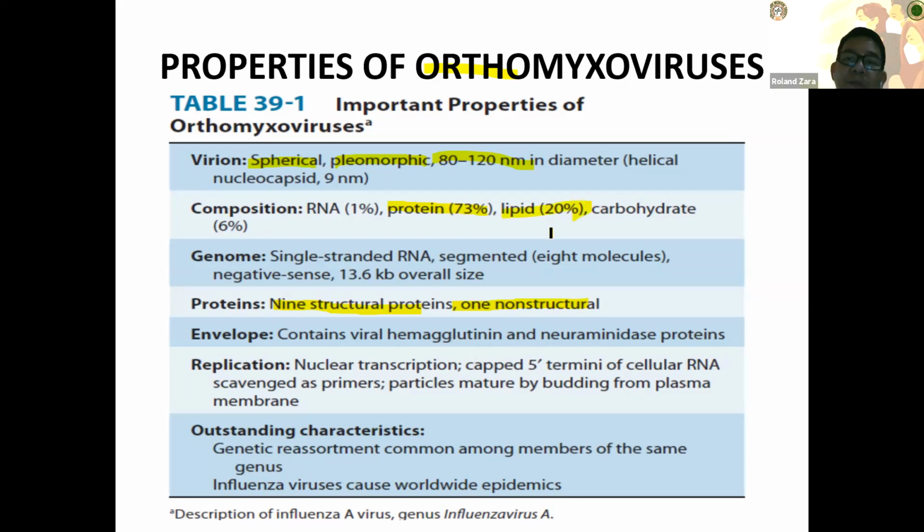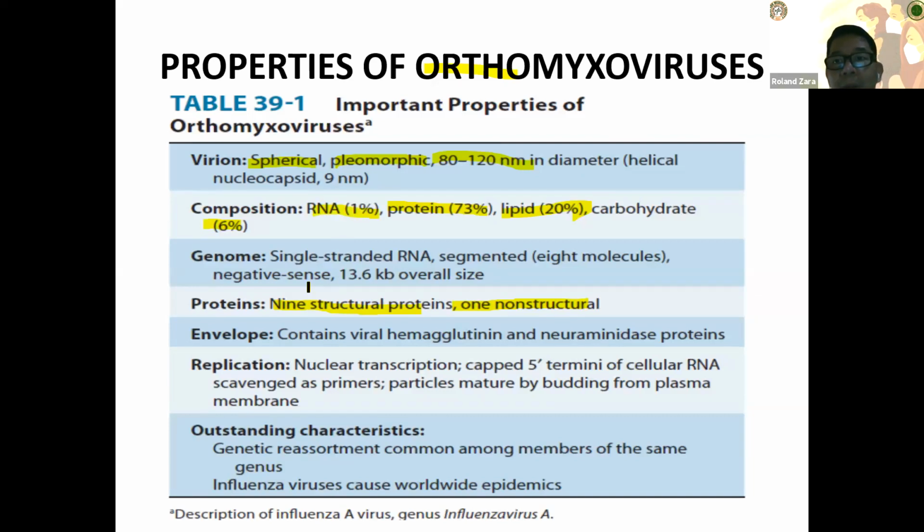And this lipid is usually the one coating the envelope. Your carbohydrate is around 6%, and one of the carbohydrates is usually the sialic, or the glycan portion of the virus. And we have a portion which is your RNA, so 1%.